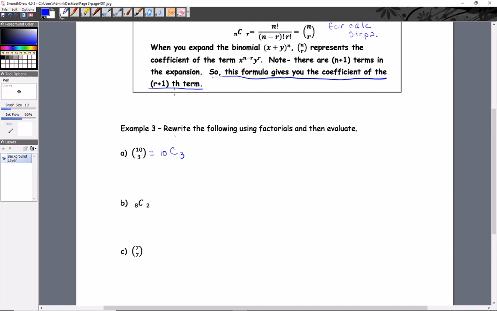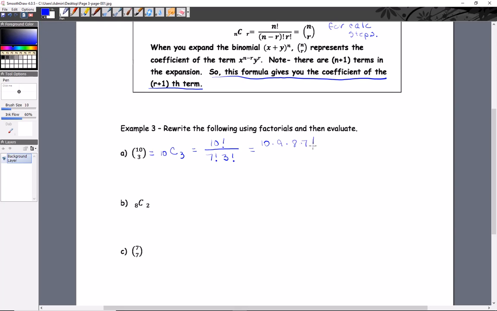All right. Remember, this upper piece here, or the one on the left, is n. So we can write that in the numerator as 10 factorial. Then we want the r, which is the 3 here. So we want n minus r, that'll be 7 factorial. And then times r factorial would just be your 3 factorial, all right? And the easiest way to handle this would be to try to do some canceling. So we can say that the 10 factorial will be 10 times 9 times 8 times 7.